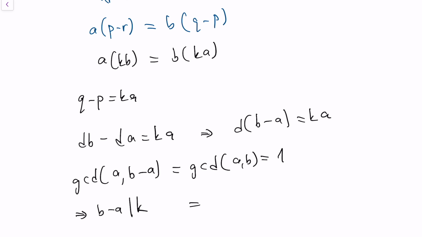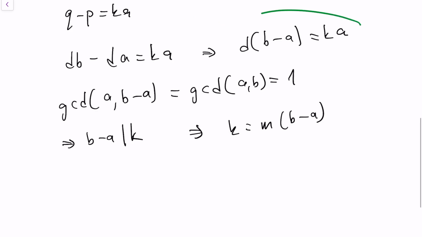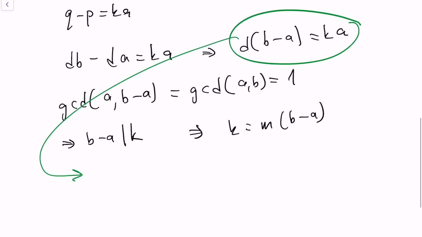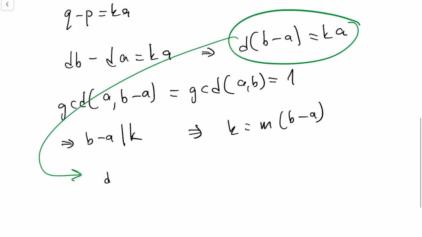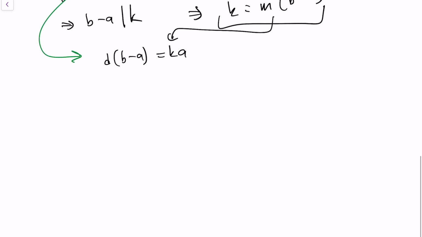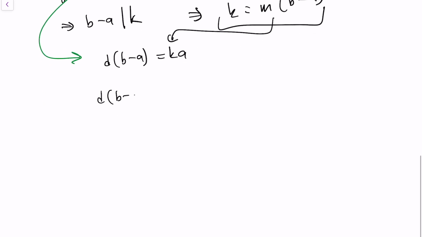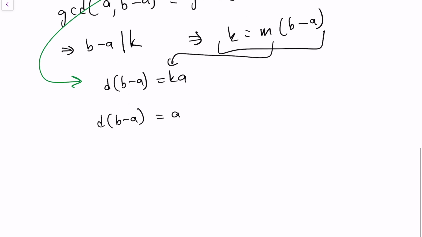And if that is the case, K must be equal to some integer M times (B minus A). So from here, we have d(B minus A) is equal to Ka, and if we plug that in, we're going to have d(B minus A) is equal to A times M(B minus A). So that implies d is equal to AM.